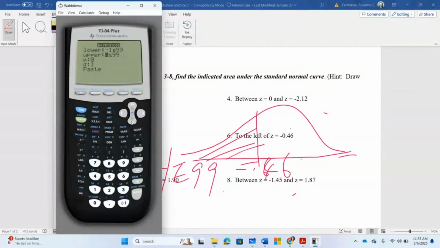What is the upper number? It is negative 0.46. And then the mean is 0, standard deviation is 1. So we calculate. So I have area to the left is 0.3228.